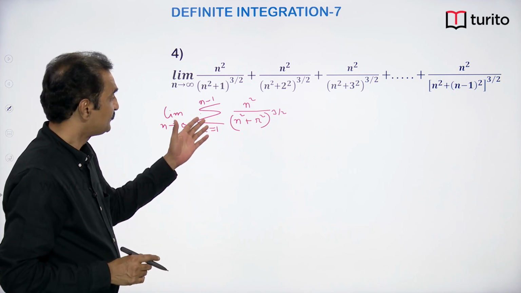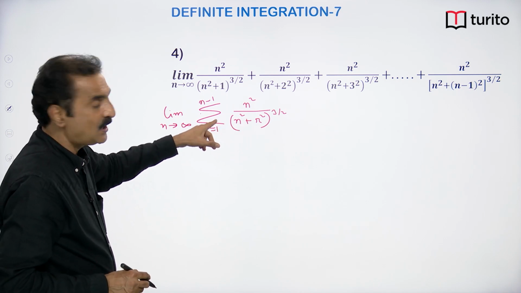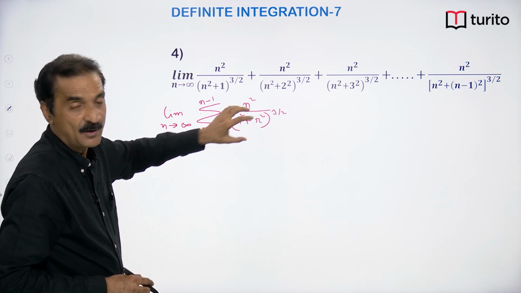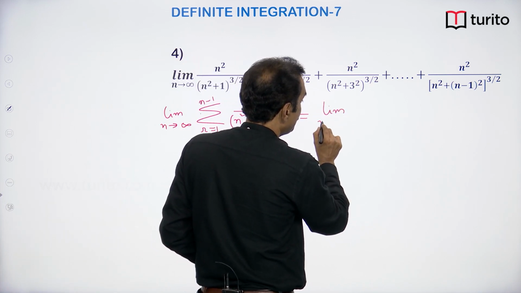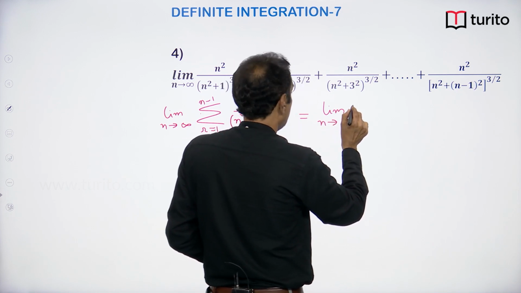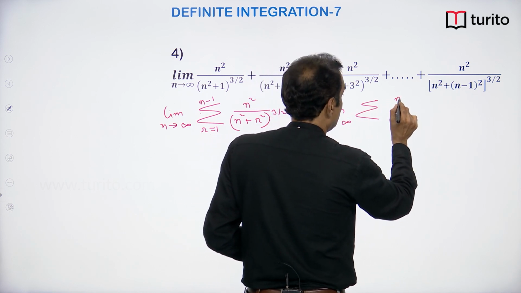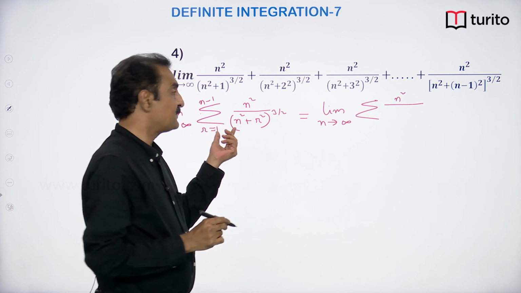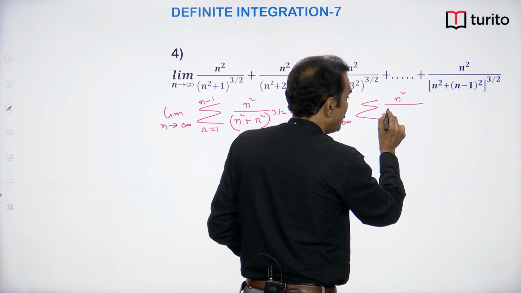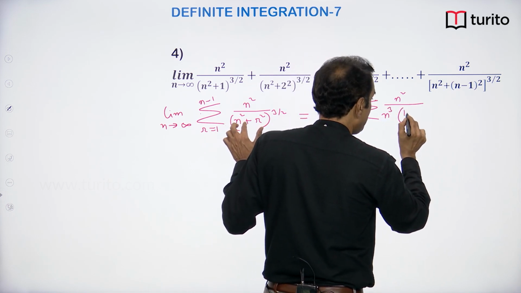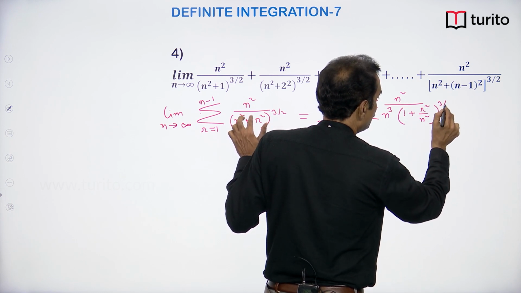Now what is the next step? We have to get 1 by n here. Take n square common from the bracket in the denominator. You will get sigma n square by, if n square comes out, it becomes n square whole power 3 by 2, that is n cube, into 1 plus r square by n square whole power 3 by 2.